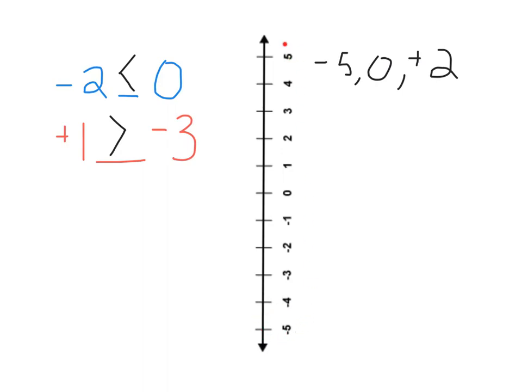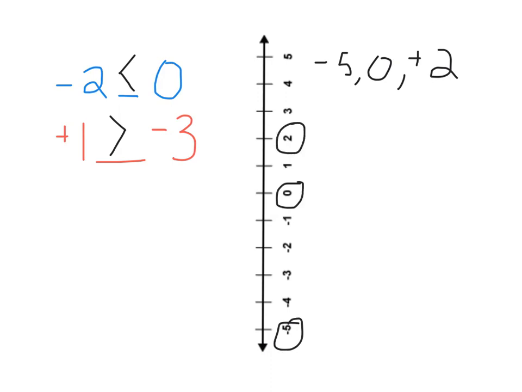Greatest is up at the top. So we want to start at the one that's lowest on the number line. I'm going to mark that right here. We've got negative 5, we have 0, and we have positive 2.